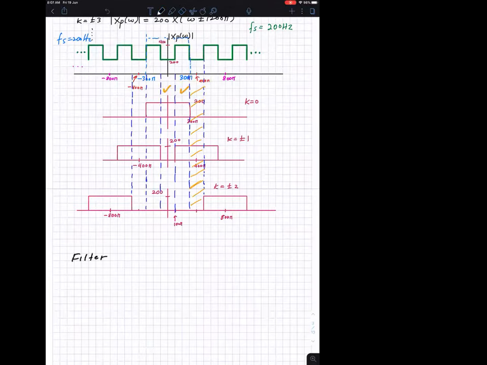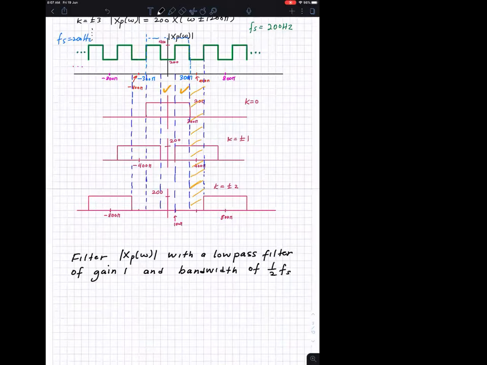Filter the amplitude spectrum with a low pass filter of gain 1 and bandwidth of 1/2 the sampling frequency.